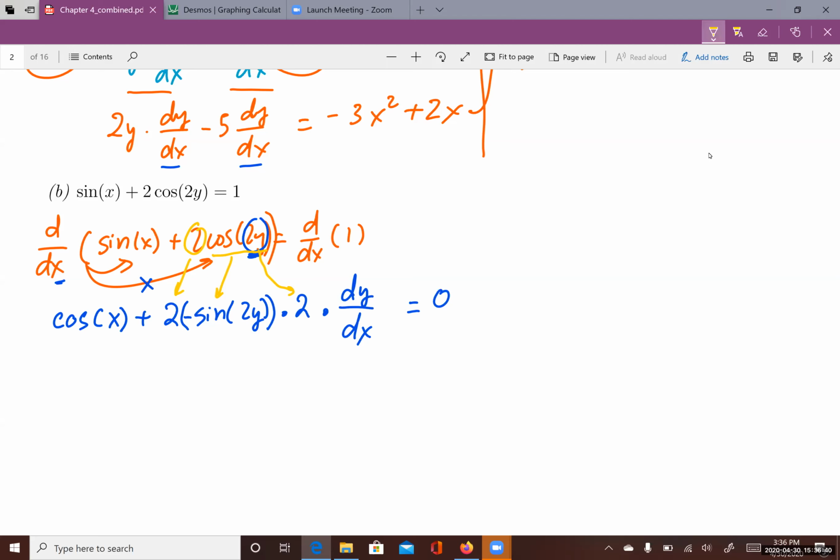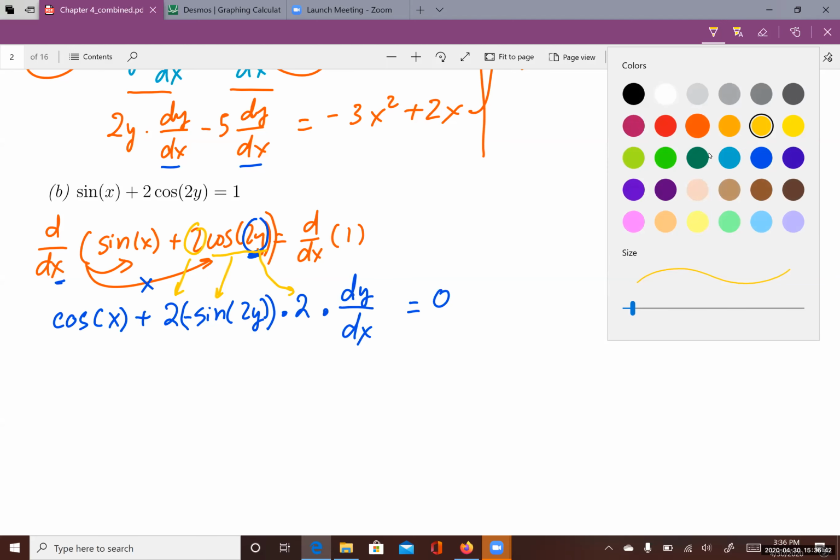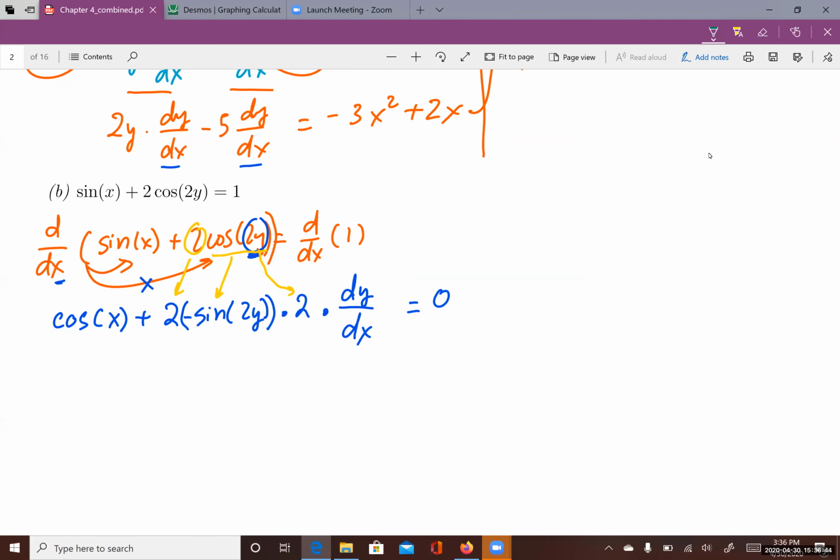Okay. So the next step is to keep dy dx on one side and move everything else to the other side. So dy dx is attached to this whole term, so I have to keep the whole term here. Sine 2y. So I multiply 2 times 2, I get 4. Negative 4 sine 2y dy dx equals 2.